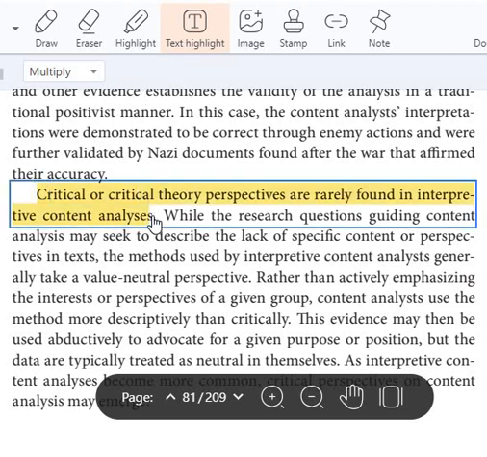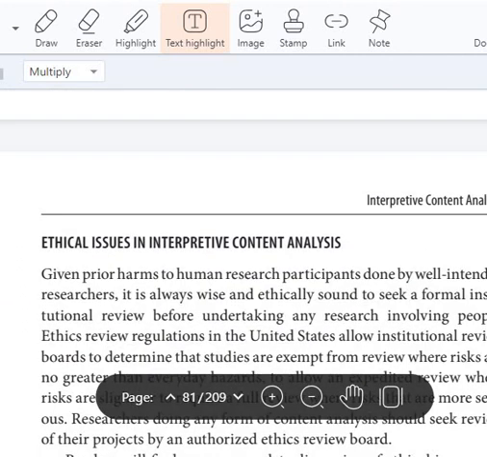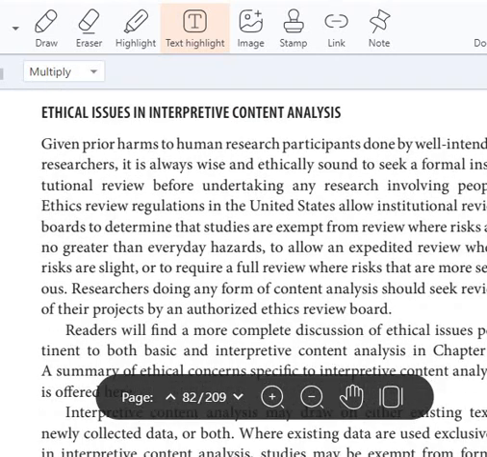They are very rare. Okay, let's move on now to the ethical issues. You can say that the ethical issues for all the three types of content analysis are the same. We should have the IRB, okay? Just remember this. Don't conduct your research without the approval of your participants.